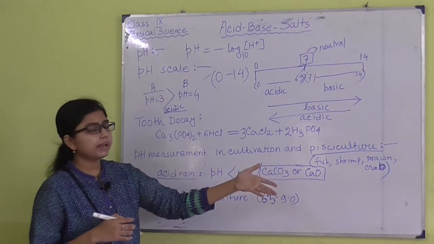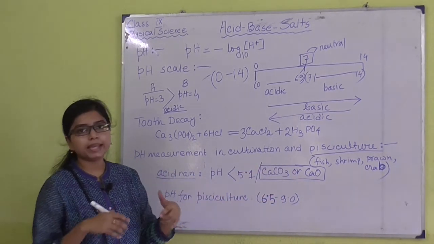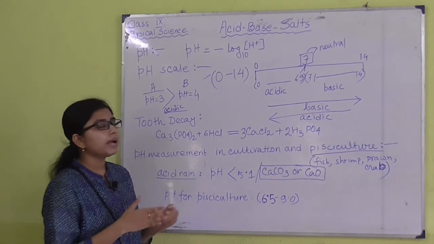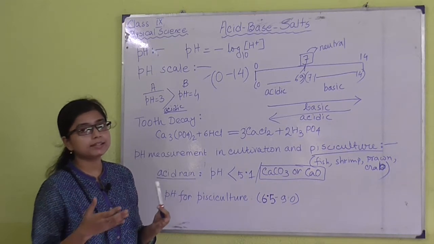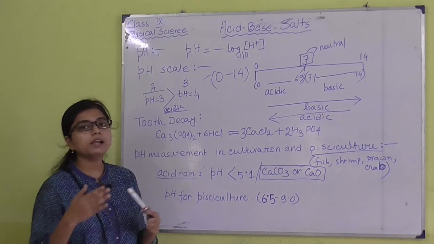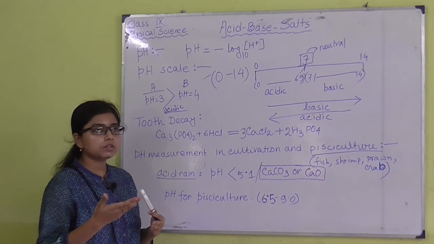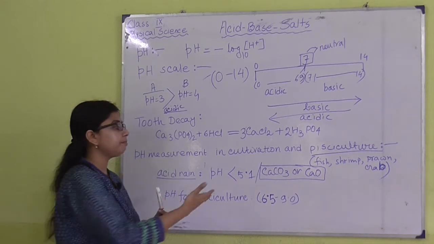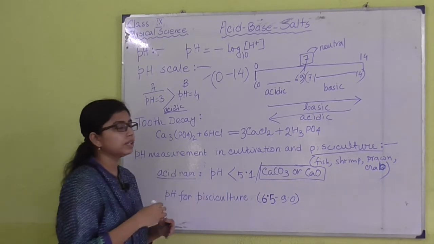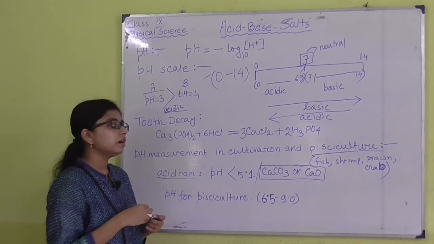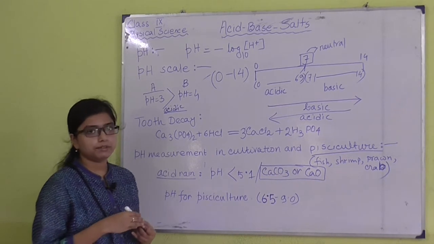By adding this kind of compounds, we can make it basic, or by replacing the topsoil which became acidic in nature with soil which has a higher pH, higher than 5.1 actually, we can also cultivate.